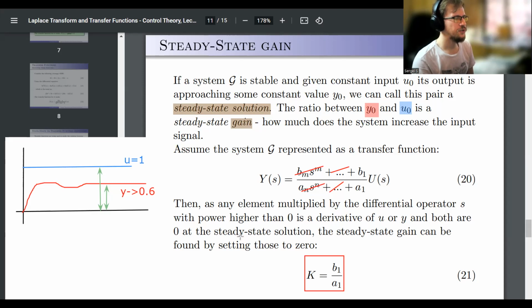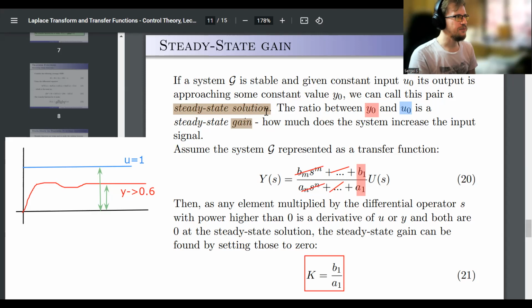Also, in state space, this would have been just slightly more difficult, but not really difficult. All right. So this is what we can get almost for free using transfer functions. Just look at the last coefficients, and this is the steady state gain.